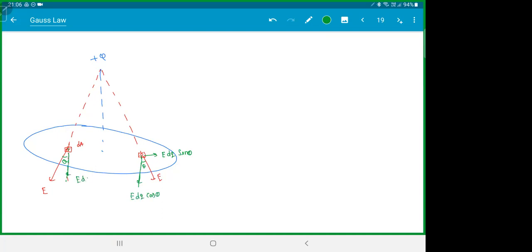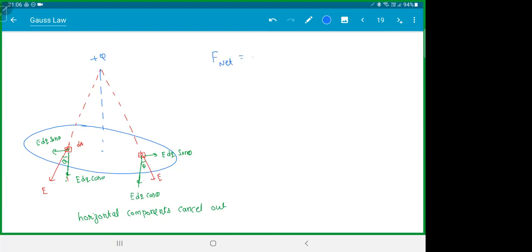This will be E dq cos theta, and this will be E dq sine theta. So if you see here, horizontal components cancel out. Does that make sense? Because by symmetry, for every one point, there's another point where the horizontal components cancel out.